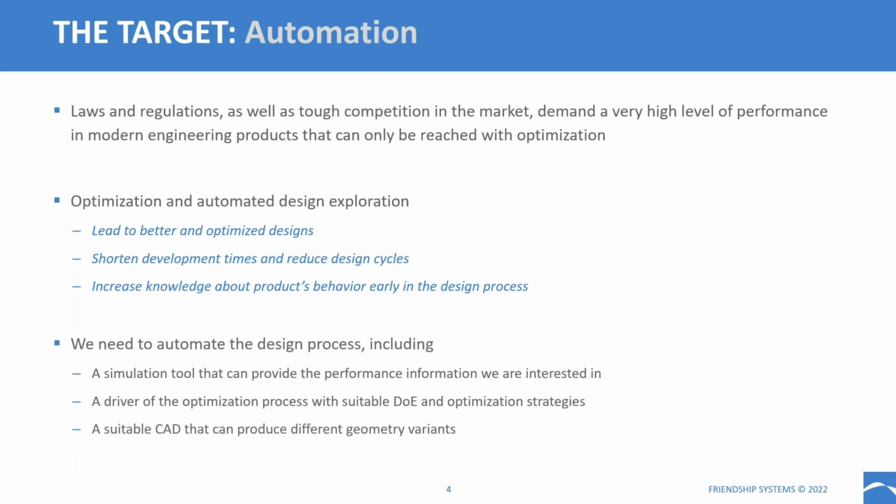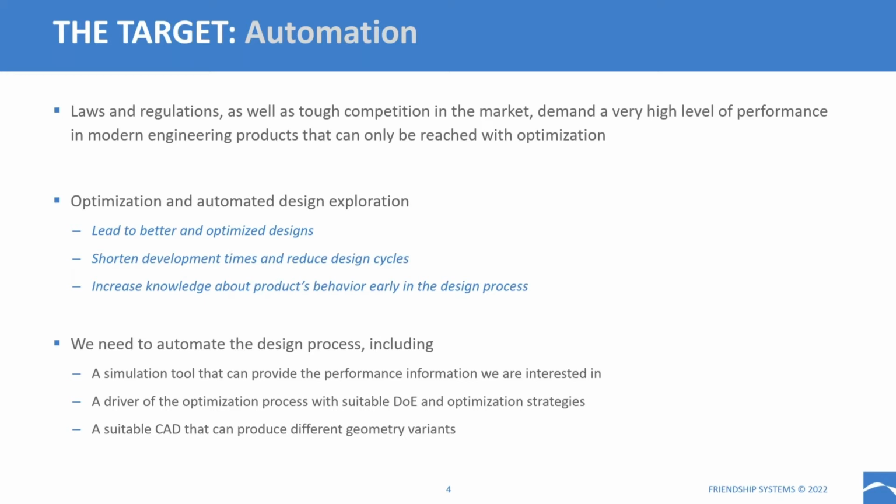And to automate the design process, we basically need three components. We need a simulation tool that is able to provide the performance information that we're looking at. We need a driver of the optimization process, so basically an optimization tool that provides all the algorithms that we need for optimization or design of experiments and other things that are necessary within this process.